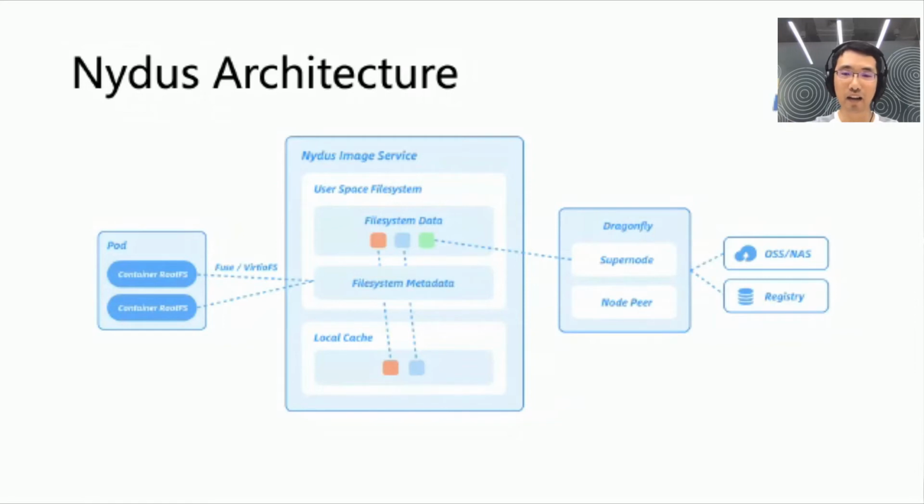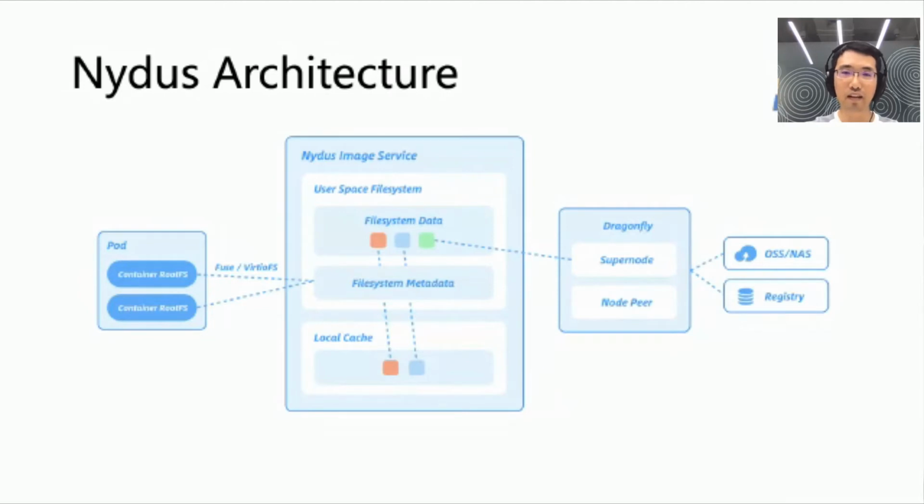Both of them are saved in different backends, such as object store and even NAS. And also, we natively support Docker registries. And we can optionally have a P2P network such as Dragonfly in the middle between the Nydus daemon and the registry. And inside the Nydus daemon, there can be an optional local cache.